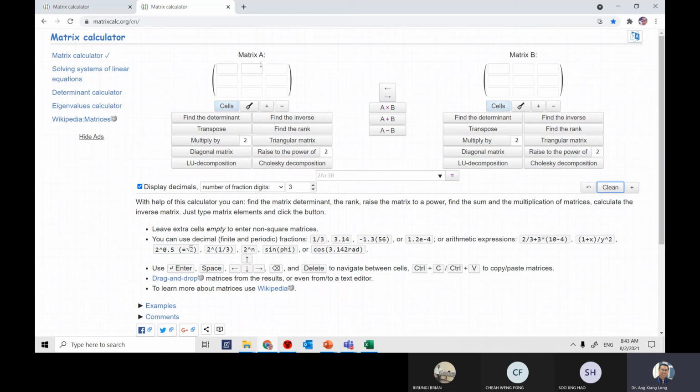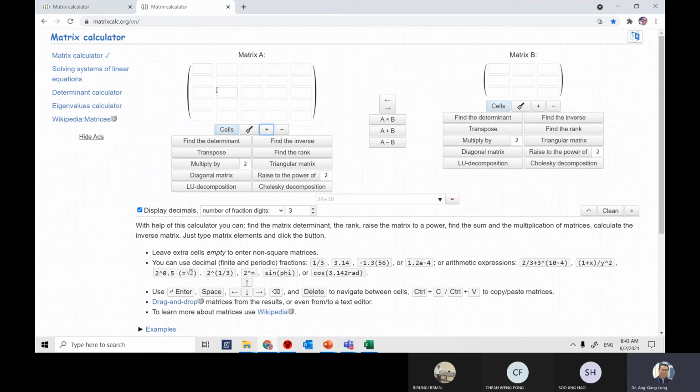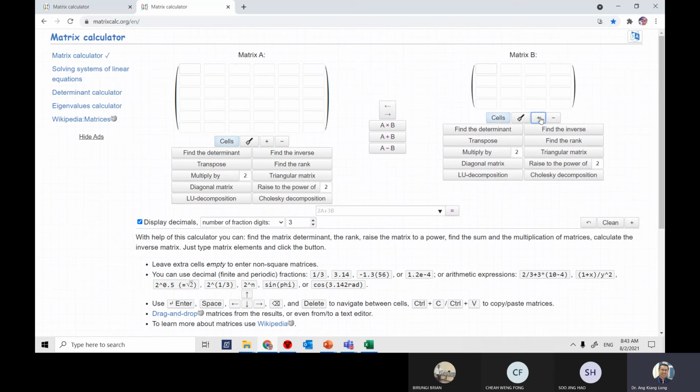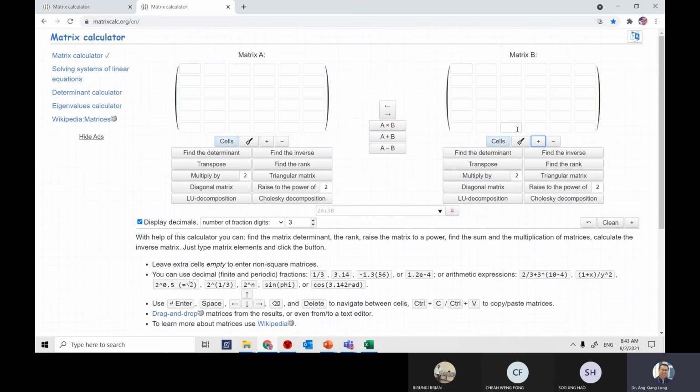For example, if you want to increase the matrix, let's say to 6 times 6, you just press the plus button to increase the size. Same with matrix B. It must be the same size. All right. So after that, you fill in. If you do not fill in, it will be considered as 0. For example, I will put in 1, 1, 1, 1 here. Those spaces that you do not fill in will automatically be filled as 0 for you.